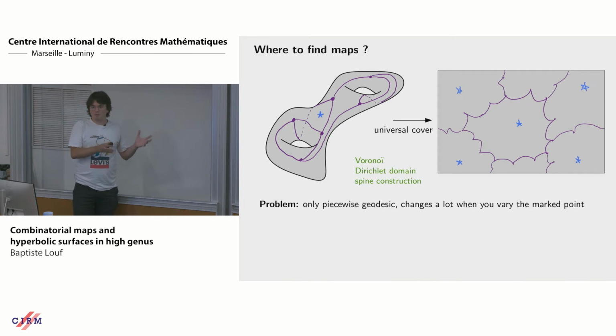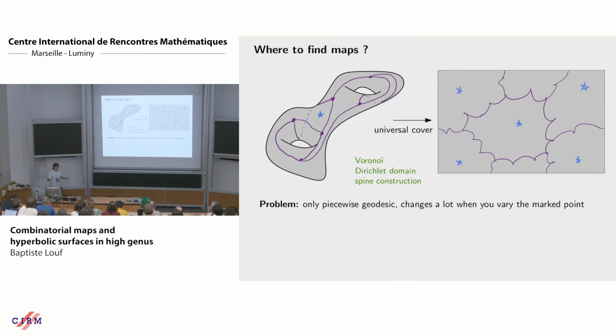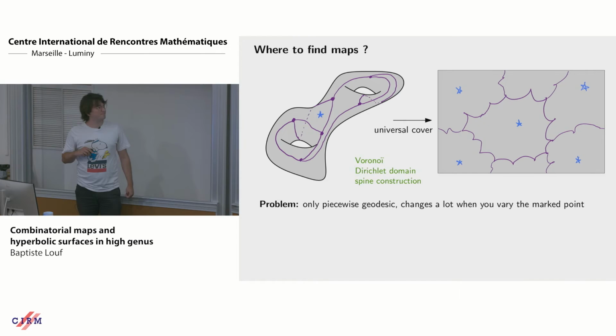But I want my map that's embedded in my surface to carry all the short simple closed curves. Except for a miracle, when you move this point, this thing would move a lot and would not stay exactly in some places. But this is just a proof of concept guess. If I'm wrong, please tell me. But the piecewise geodesic is a bit concerning to me.